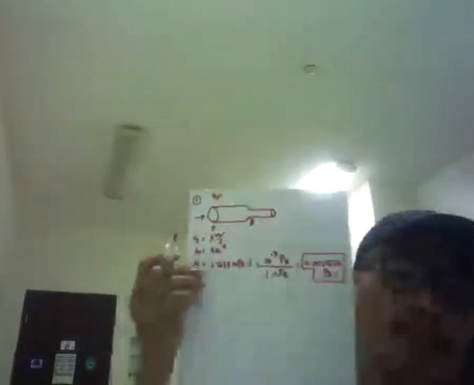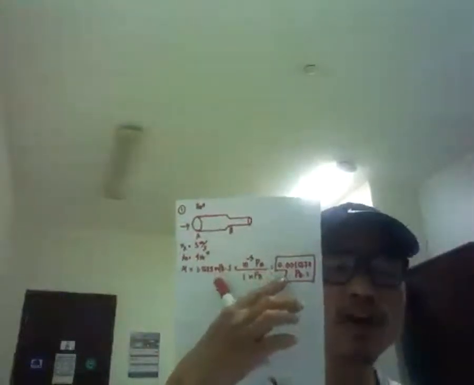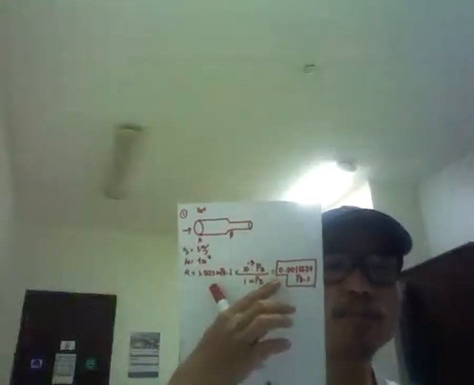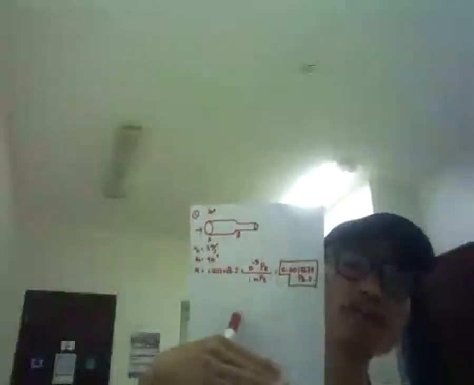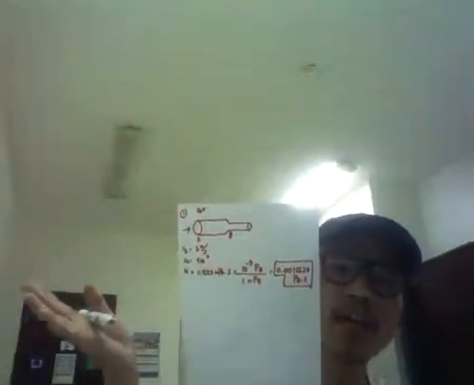So this becomes now Pascal second, which is the unit of our absolute viscosity. Pascal second is a unit of absolute viscosity, or this is just equal to kilogram per meter second.